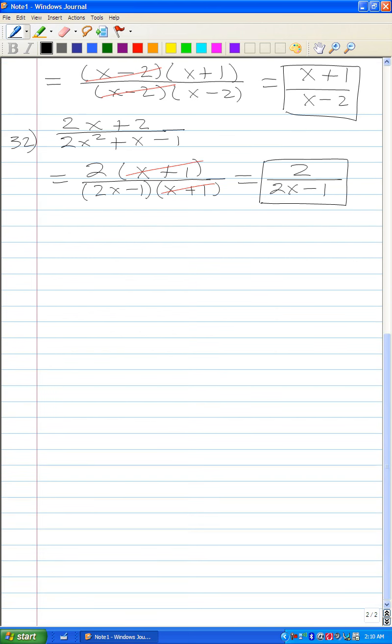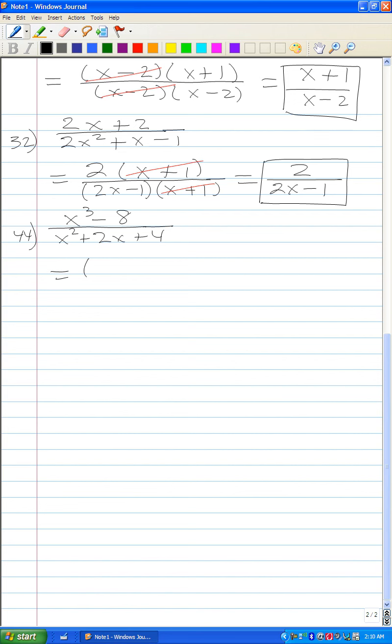Let me do problem number 44. And so I have x cubed minus 8 over x squared plus 2x plus 4. Well, again, this is a special product formula.